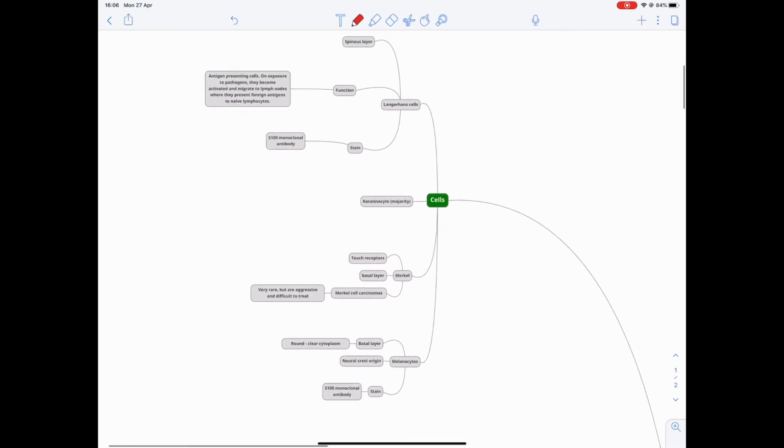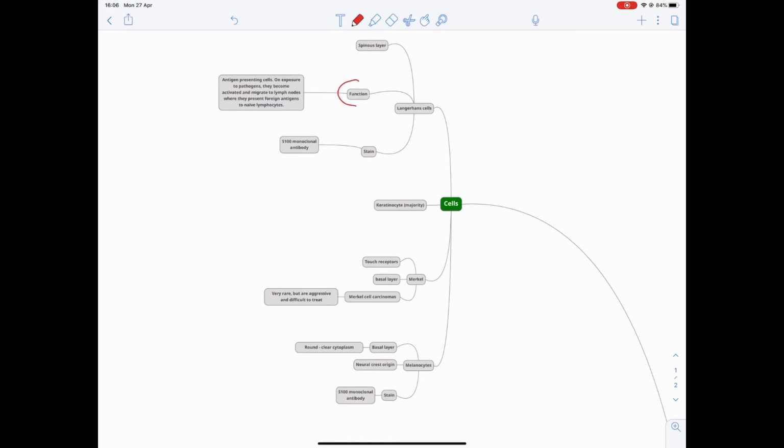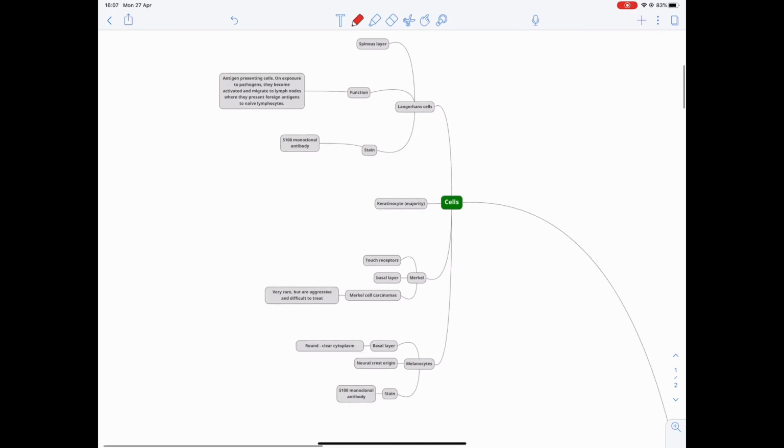And so beginning with Langerhans cells, these are found in the spinous layer, so the second layer from stratum basale. And as we said, the function is antigen presentation. You can stain them with monoclonal antibodies.